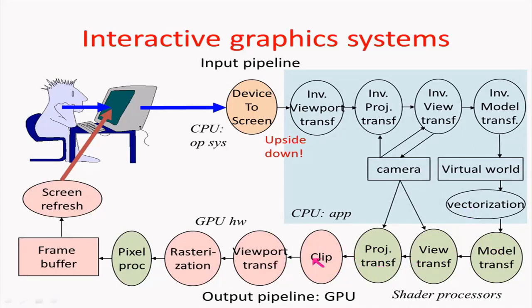Here, clipping is done, then the object is transformed to the screen where it is rasterized. Before being written into the frame buffer, pixels undergo pixel operations, needed for example to handle transparent colors. The frame buffer is read periodically to refresh the computer screen.